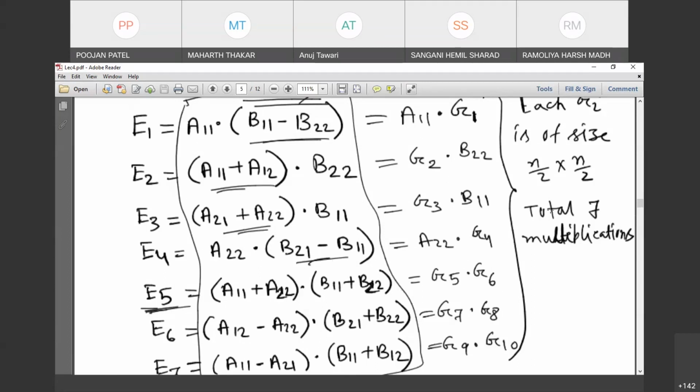Which is, we want to compute C11. So what is C11? It is A11 multiplied by B11 plus A12 multiplied by B21. So I give you these equations.